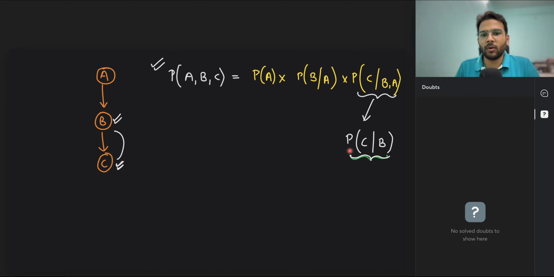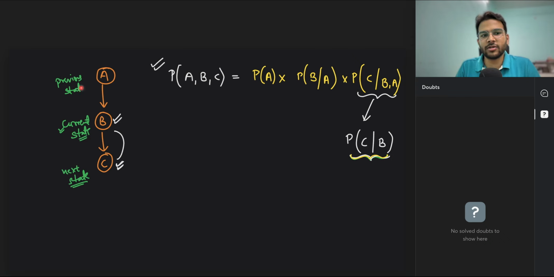Again, I'm repeating what it means. It means that probability of C only depends on B, not on A. And what the Markov property says is that the probability of the next state, let's say you are standing here, this is your current state, and this is your next state, only depends on the current state, not on the previous state.